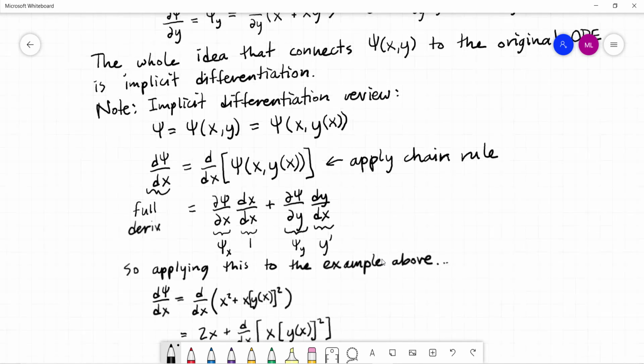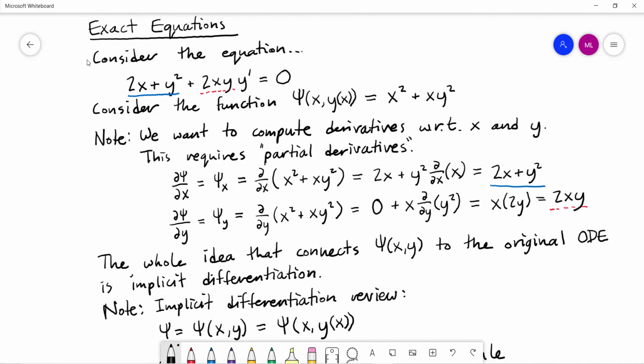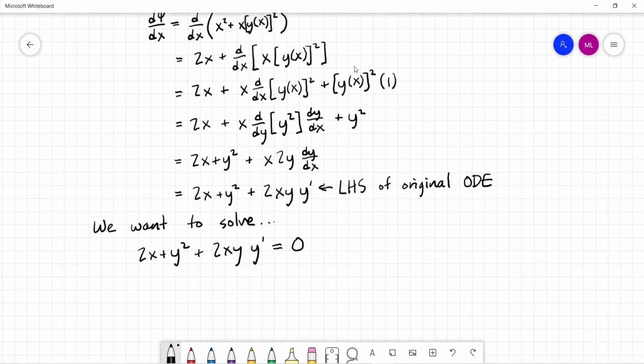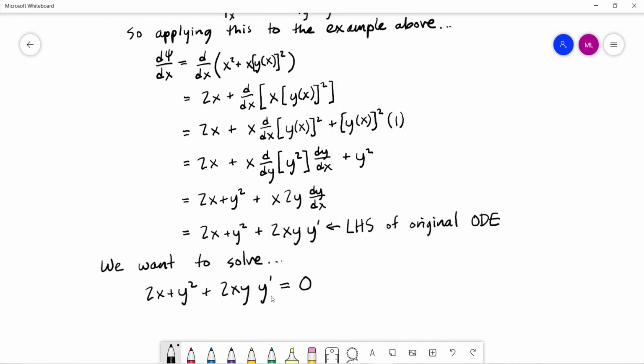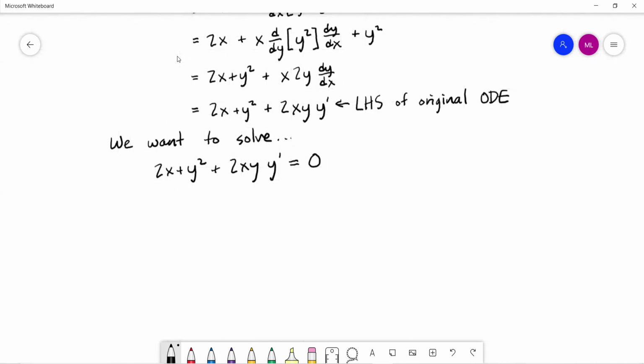That is the original equation I have written way back at the beginning. We've just shown that the full left-hand side here is the result of taking the derivative with respect to x of this function psi. So this whole thing right here is d psi dx.